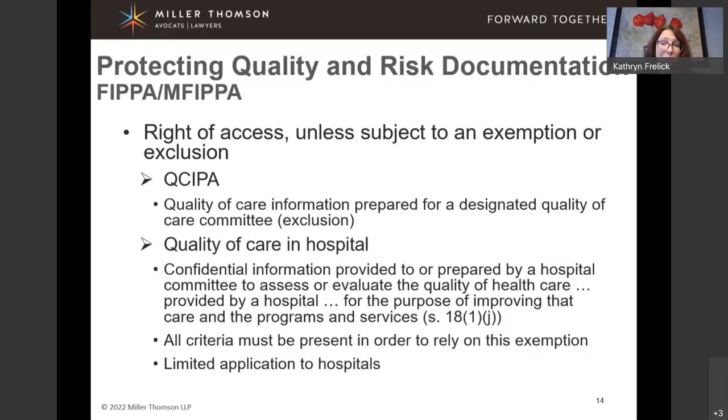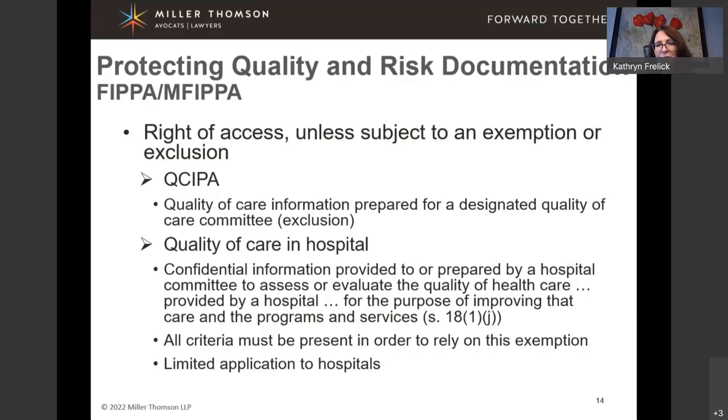How they apply is going to depend on the type of organization that you are and what legislation applies. So for those that are subject to FIPPA, there is an exclusion under FIPPA for quality of care information, which is prepared for a designated quality of care committee under QCIPA.